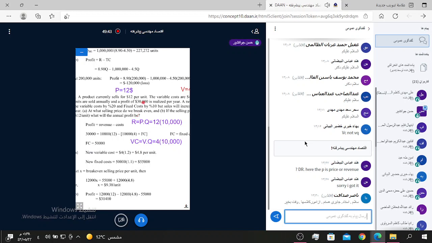New variable cost is increased 20%. New variable cost is $4 multiple 1.2. Fixed cost, we find it is 50,000.